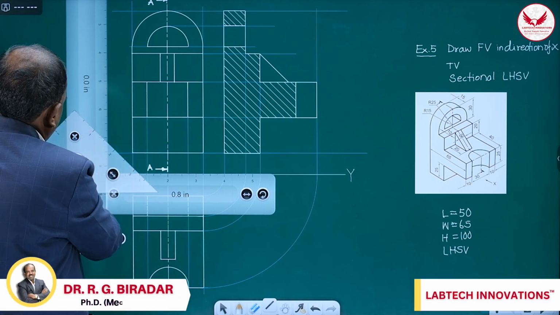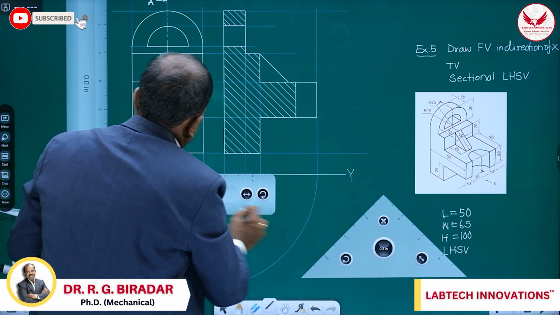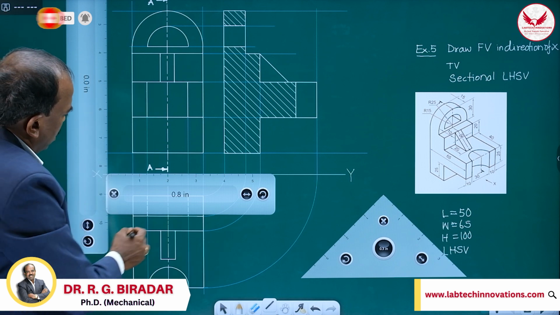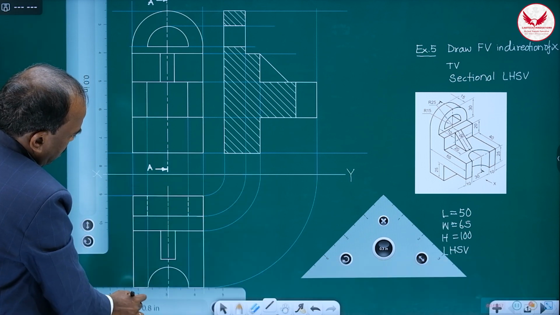So this is about the three views of this object.